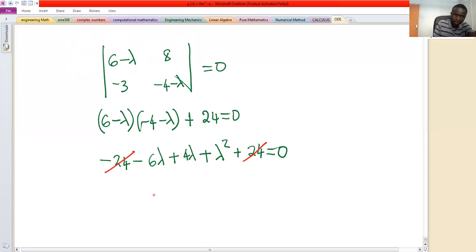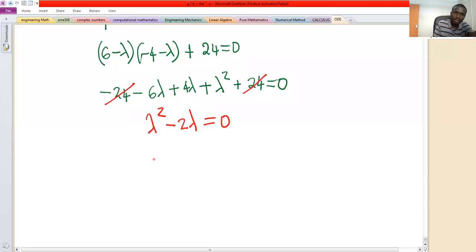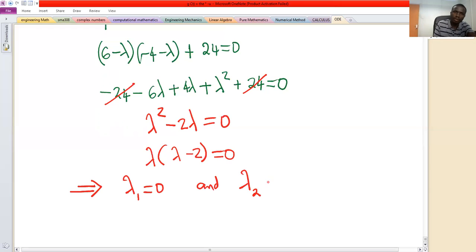So we'll have lambda squared minus 6 lambda plus 4 lambda, which is minus 2 lambda, equals 0. Then we factorize this quadratic: lambda times lambda minus 2 equals 0. This implies lambda 1 equals 0 and lambda 2 equals 2.